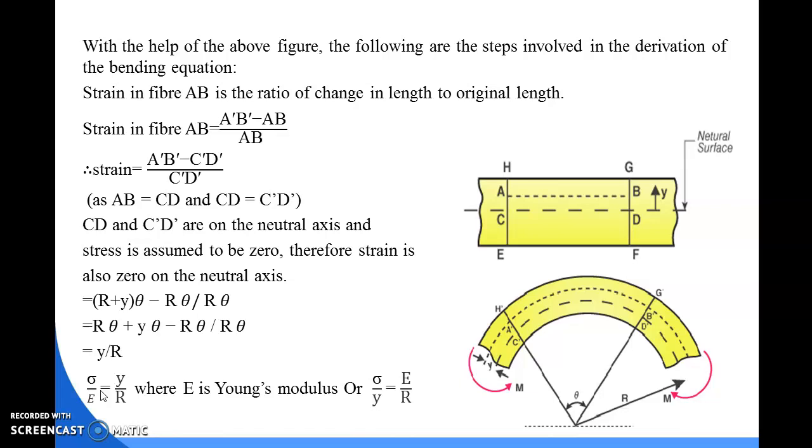Hence, strain equals stress by Young's modulus, that is sigma by capital E. Hence, we can put in place of strain, stress by Young's modulus. And now, we got half of the derivation part, that is sigma by E is equal to y by R, where E is Young's modulus.